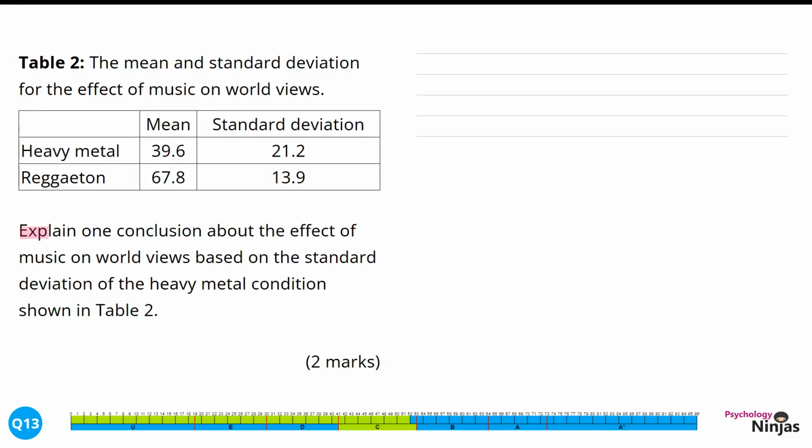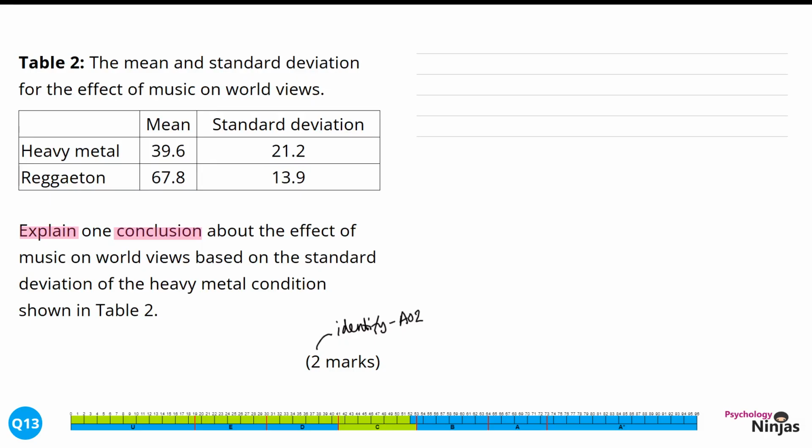Our command word here is explain, so we need to give some detail and extension to our response. This question is focused on conclusions. We have 2 marks available for our question, and one of our marks comes from identifying a conclusion. However, this is a STEM question, and so this needs to link in to the specific data that we have been presented with.